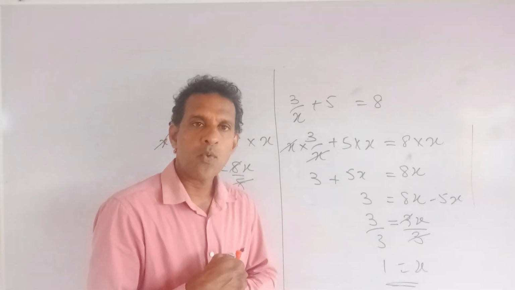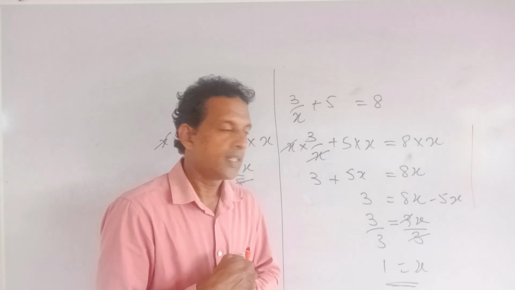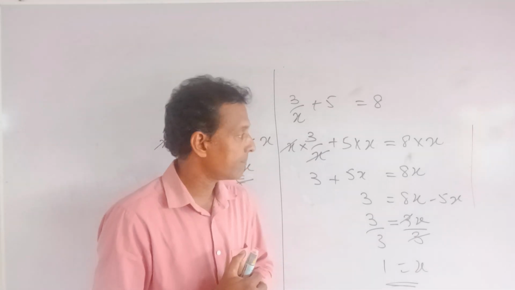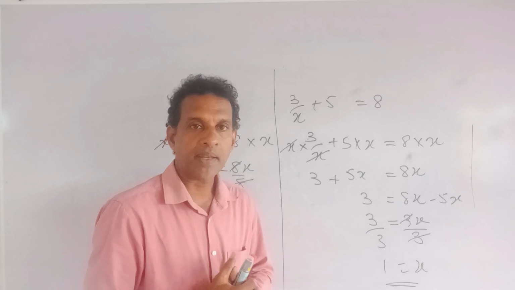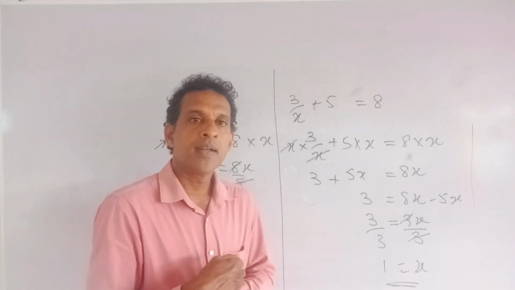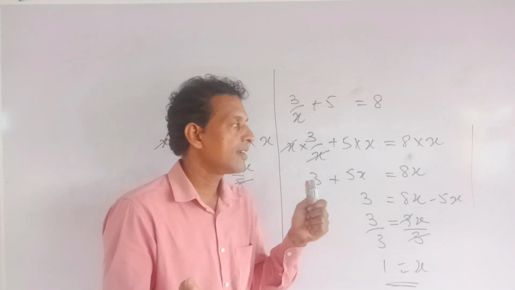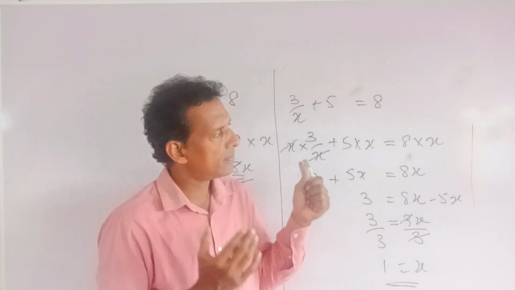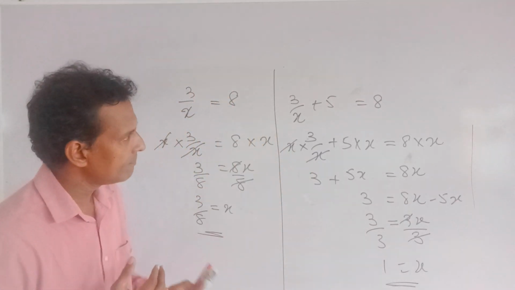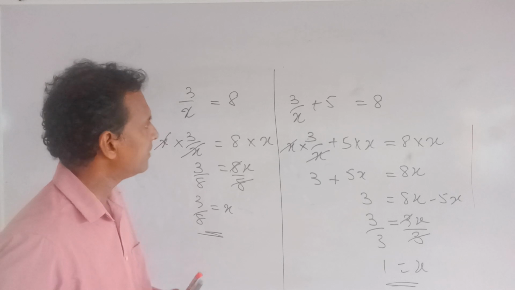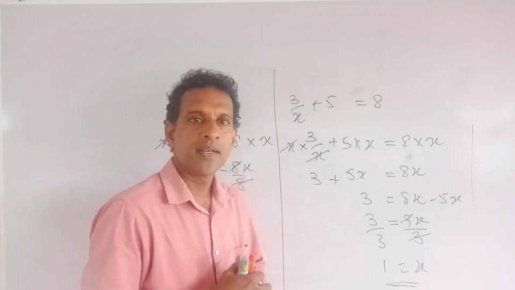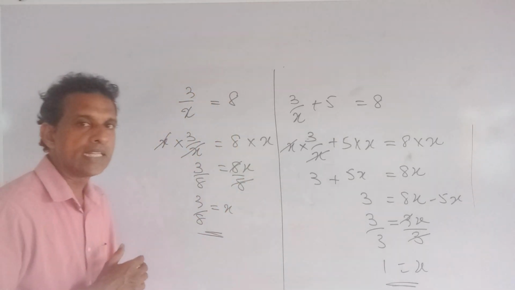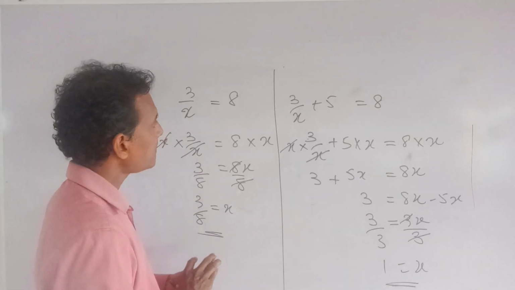You can even WhatsApp my number, I'll give the mobile number later. You can WhatsApp and ask for the equation if it is different from what I have explained. Basically, I have covered all types of possible examples for linear equations here.